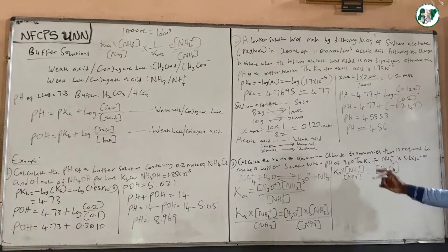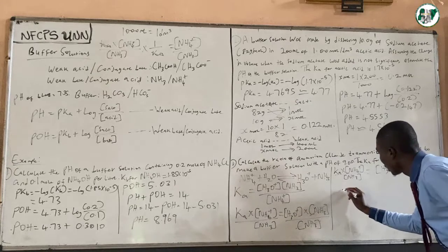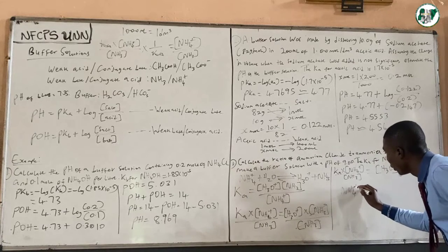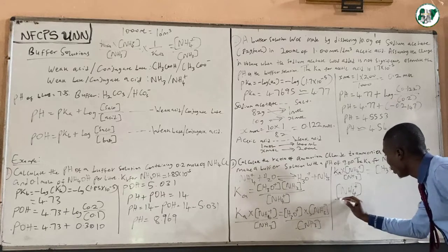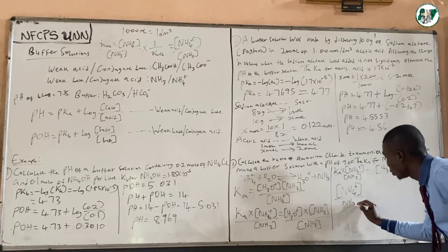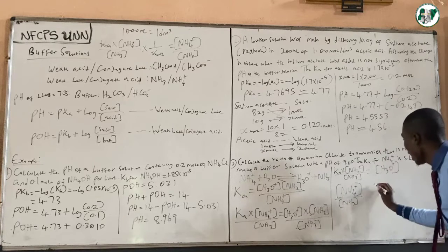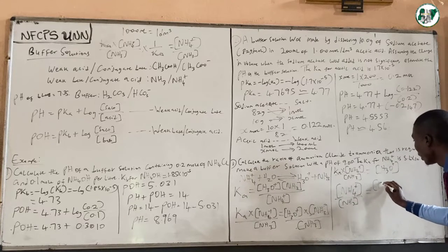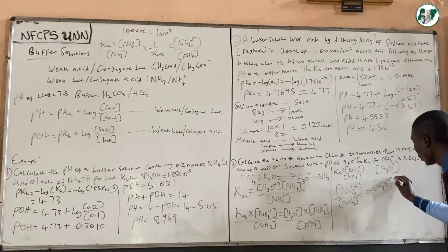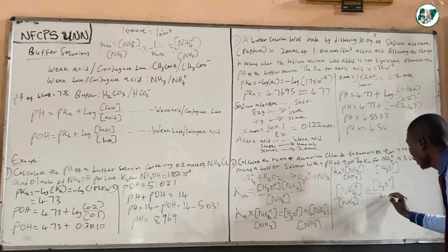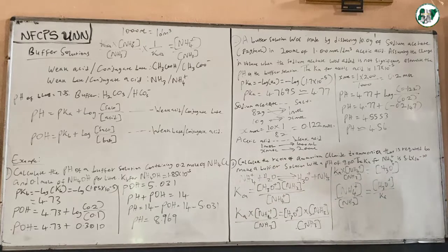So all we have at the end of the day is NH4+ divided by NH3 is equal to H3O+ divided by Ka, because we are dividing both sides by Ka.